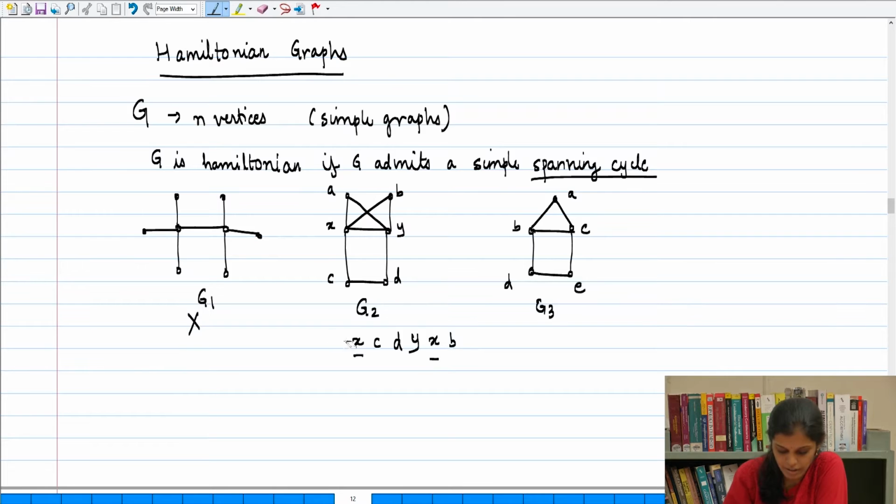So this is not a Hamiltonian cycle. D, C, X, B, Y, A. This is not a Hamiltonian cycle either.